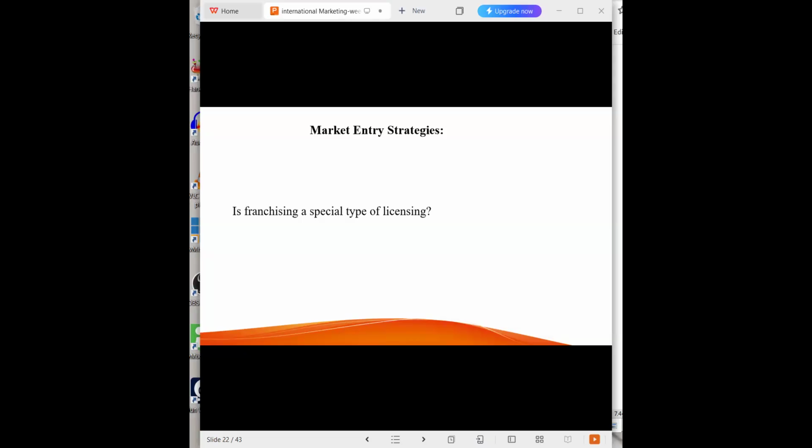It's not a branch. It's not KFC coming to Nigeria to operate. It's someone who's a Nigerian entrepreneur who has gone to KFC to take a license to operate in Nigeria, to use its logo, to use its color, to use KFC's, what's it called now?